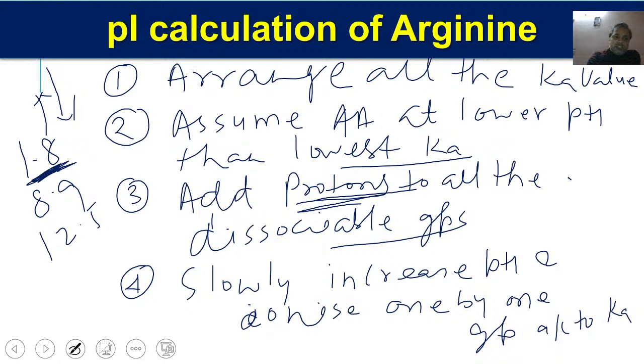As soon as you reach another pH, another group will dissociate. As soon as you reach the third pH, another group will dissociate. So dissociate one by one and see how much charge there is. Once you have found the charges, then decide which one is your Zwitterion structure, and then see on both sides of the Zwitterion structure which pH is there. Then take the average of those two.